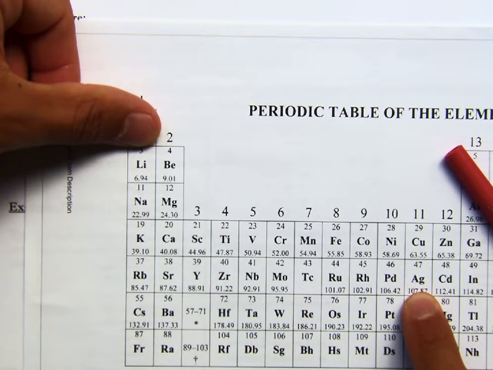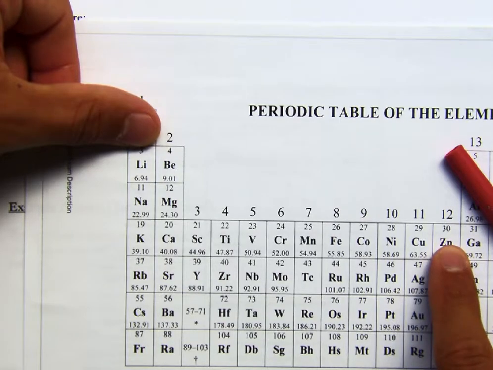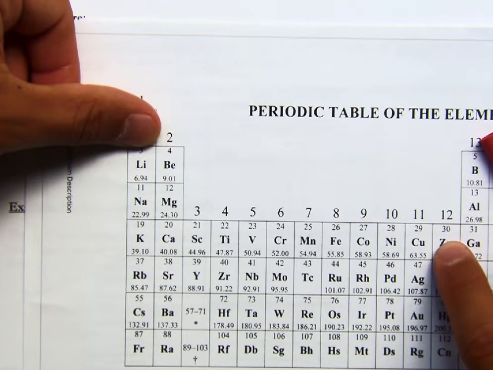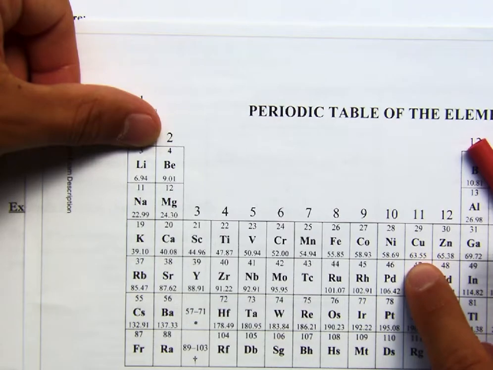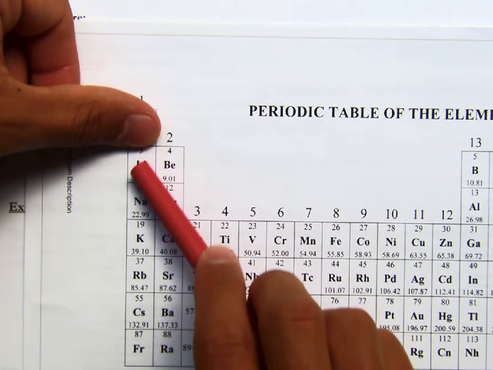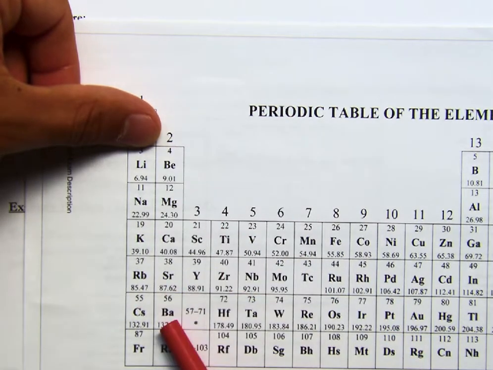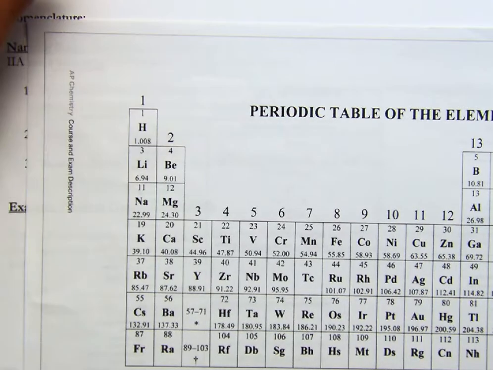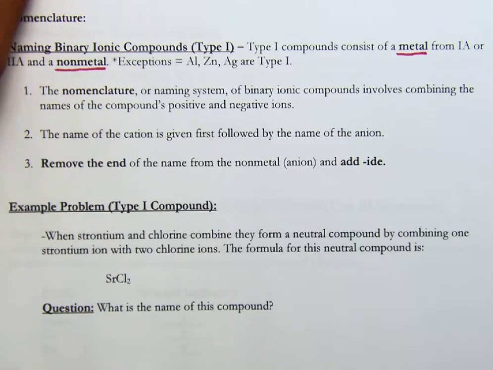Silver is always +1, zinc is always +2, and aluminum is always +3. So there's a little staircase right here. Aluminum, zinc, silver, +3, +2, +1. Those are included in type 1 metals. But the metal is either in column 1, column 2, or is aluminum, zinc, or silver. That's a type 1 metal.